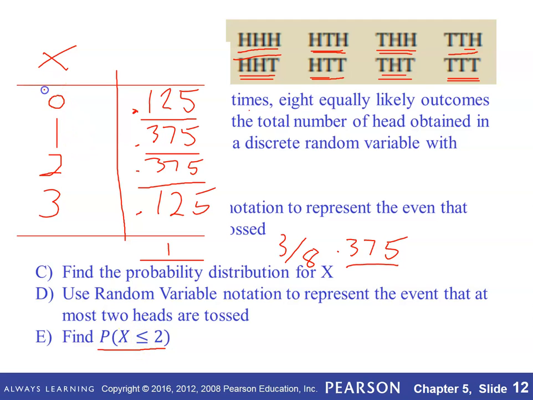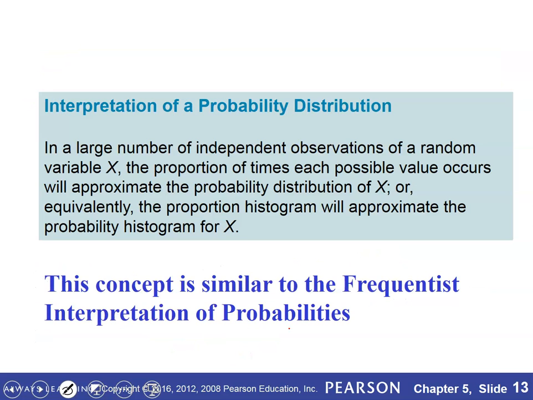That would include all 3 of these, which means I'd have to add all these together, which is going to be 0.875. So this is going to be equal to 0.875, which means 87.5% of the time we would have at most 2 heads show up.